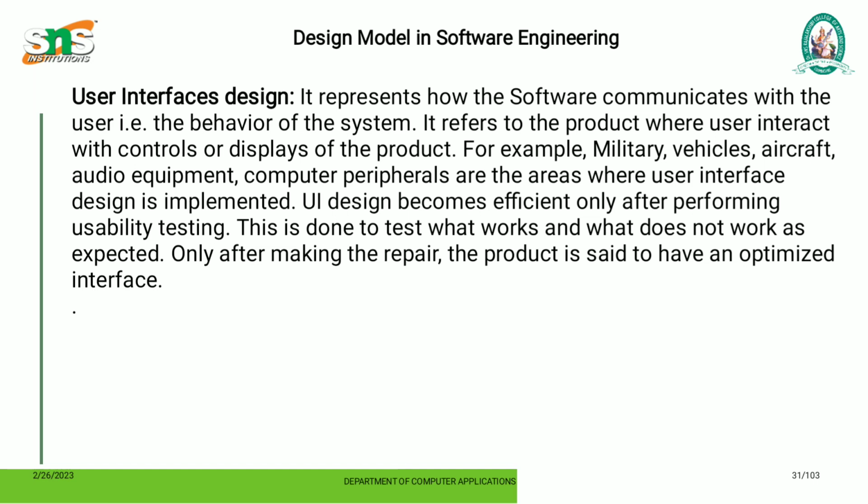UI design becomes efficient only after performing usability testing. This is done to test what works and what does not work as expected. Only after making the repairs is the product said to have an optimized interface.